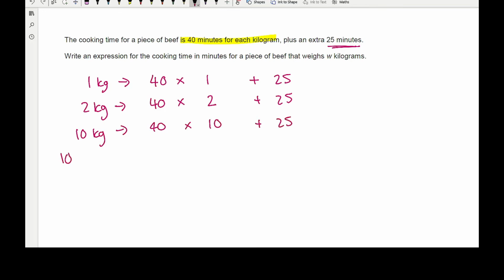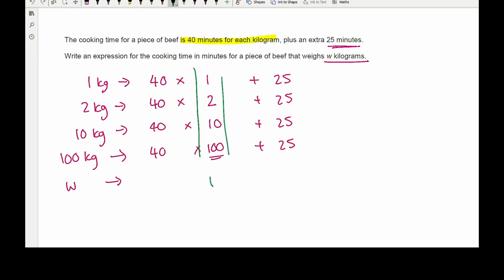If I had 100 kilograms, then that would be 40 times 100 plus 25. But here it says that I've got W kilograms. So all I'm going to do is swap these numbers for W. So here what I've got is 40 times W plus 25.